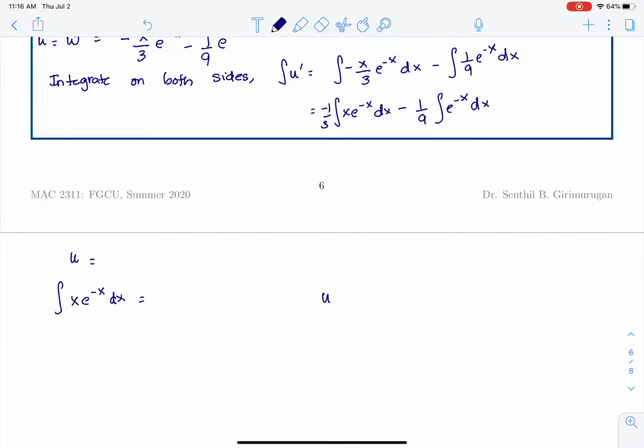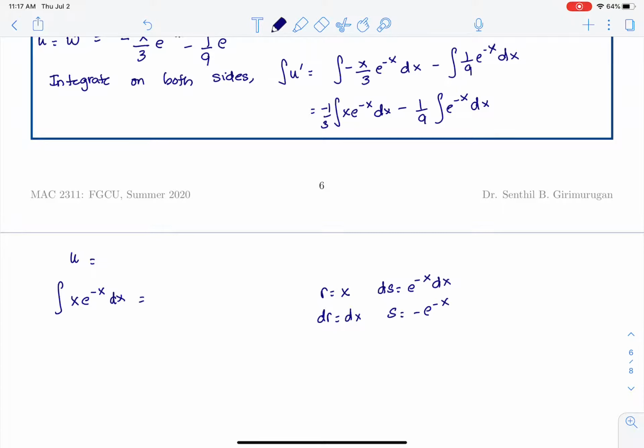If I set u, maybe I should use a different letter. If I set r equals x, and ds is equal to e raised negative x dx, dr is dx, and s is negative e raised negative x.